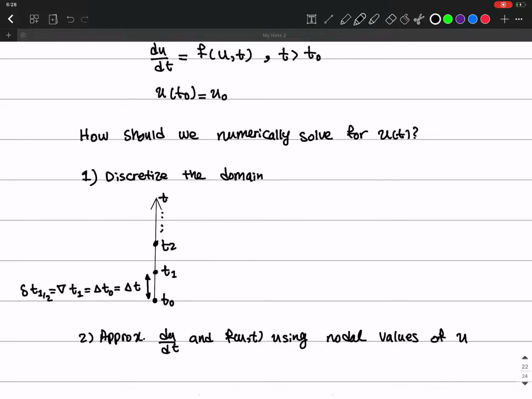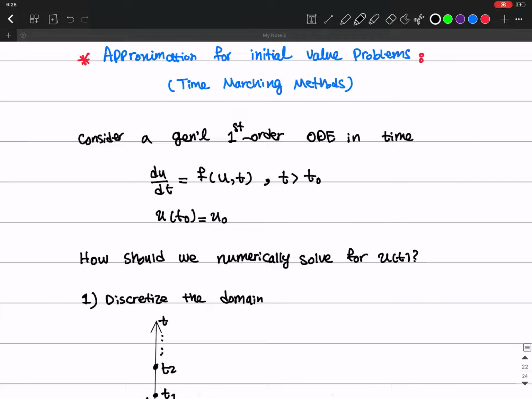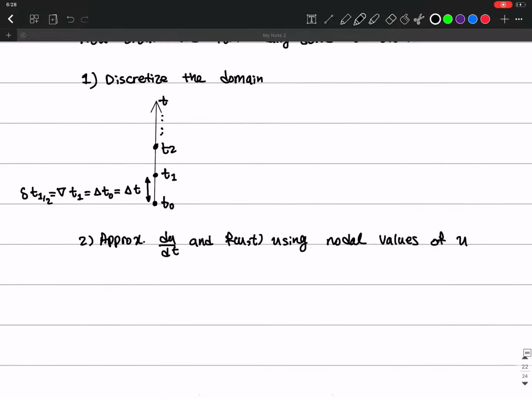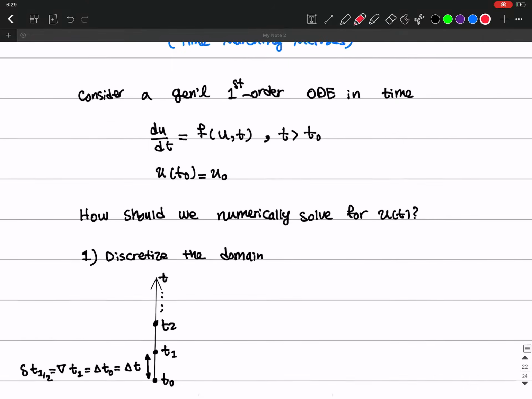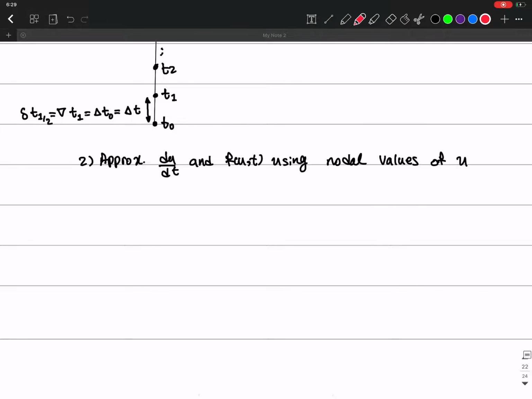This is the general approach for dealing with these ODEs. There are many ways to approximate this in time, and one of the simplest methods is the Euler method, which you can just simply find and use. So we're going to talk about that now.